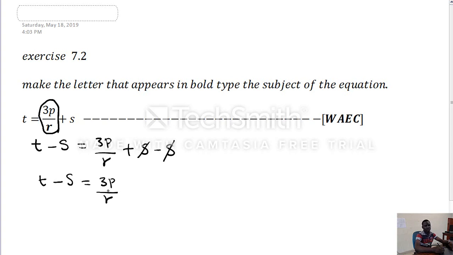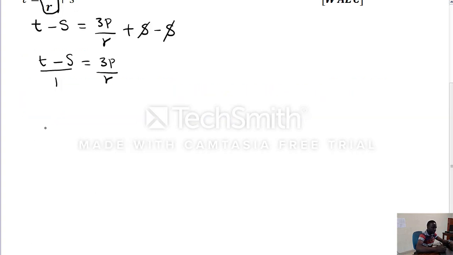Our attention is on r. In order to make r the subject of the formula, I will cross multiply, or I will multiply both sides by r. So this is going to give me r into bracket t minus s is equal to 3p times 1, which is same as 3p.